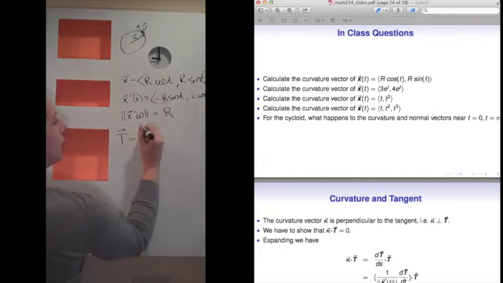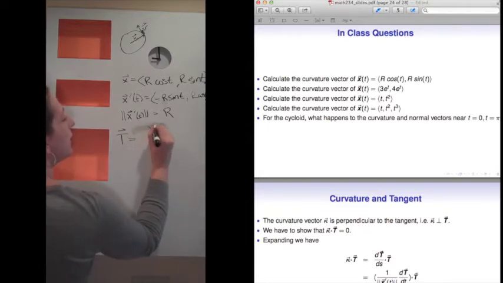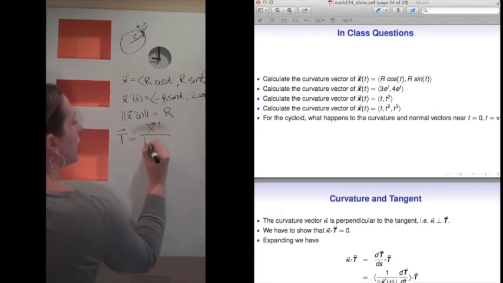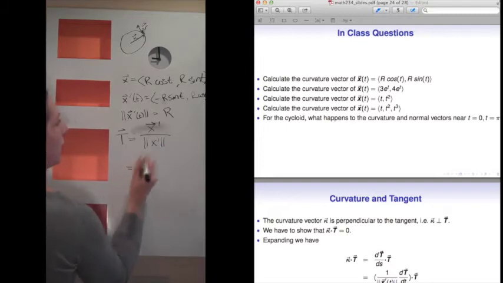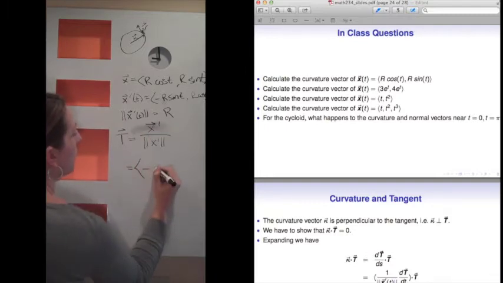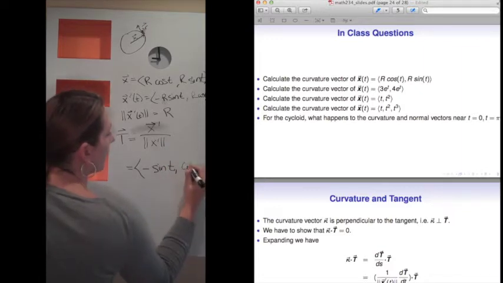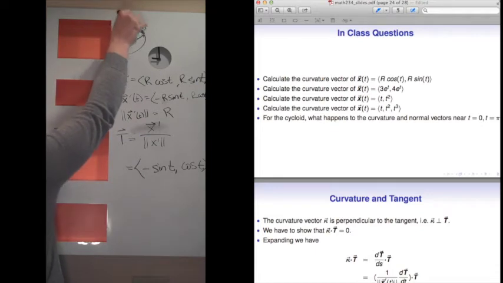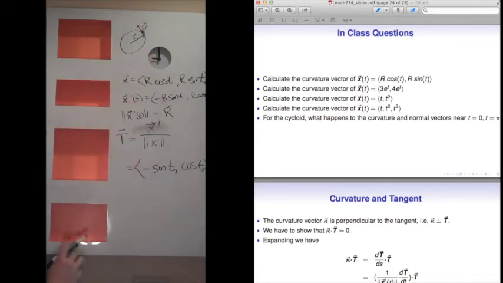In other words, x prime over the length of x prime is simply equal to minus sine t, cosine t, right? So the full velocity here is scaled according to r, but the unit velocity is not.